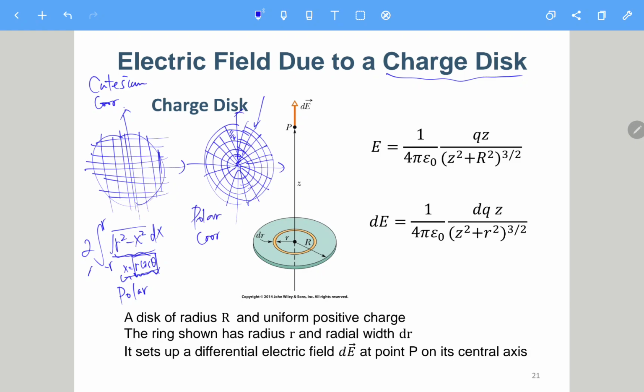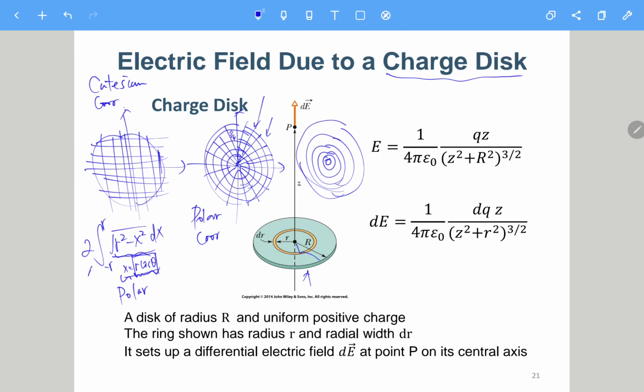But as we already calculated the E field generated by a charge ring, we don't really need to cut it over the angle. We just need to cut the circle like this. So a charge disk is like many rings with different radii, from 0 to capital R, and all the different rings form a solid disk.